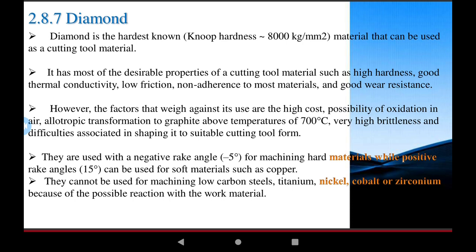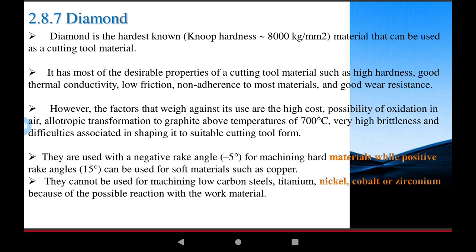However, factors against diamond are porosity, oxidation, allotropic transformation to graphite above a temperature of 700 degrees Celsius, and very high brittleness, which makes it difficult as a sustainable cutting tool material.